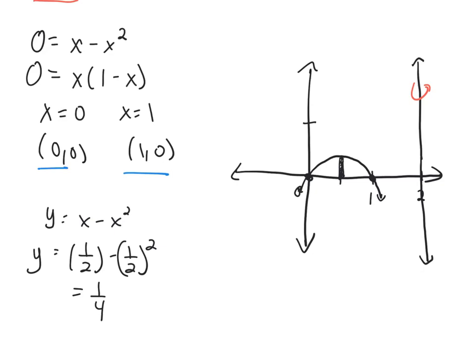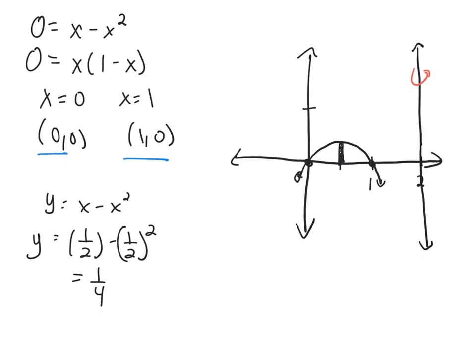Now when you're using the method of cylindrical shells, I need two things: my radius, r, and my height, h. But before I do that, maybe we should mention what variable we are going to integrate with respect to.